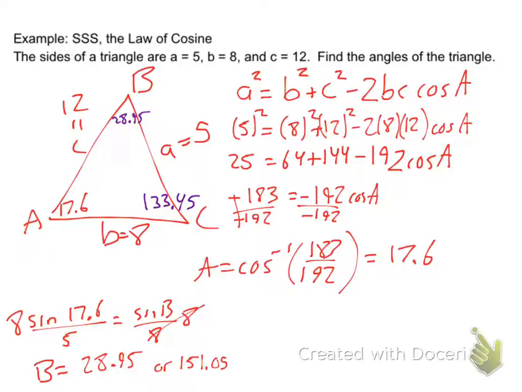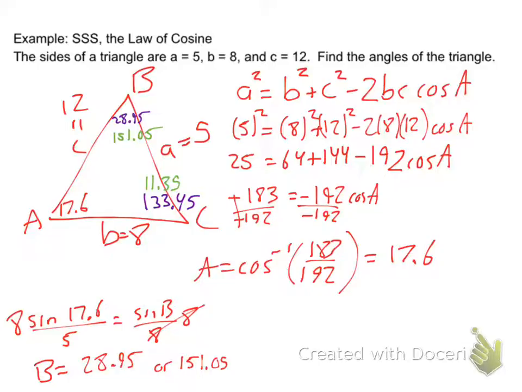If we chose this to be 151.05, what would C have to be? Because it does work, right? It's going to be smaller. What is that angle C going to be if we add them all up to 180? 11.35.